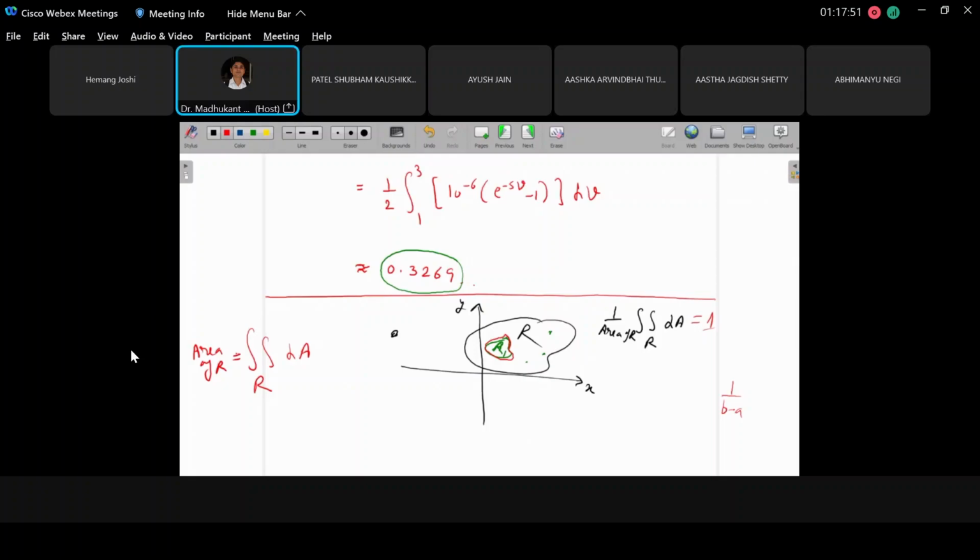One over x2 minus x1 multiplied by y2 minus y1. The limits are the region limits. No, you are talking about only a rectangular region. It will be the integral. What is that? That's the area of that rectangle with corners x1, y1 and x2, y2.